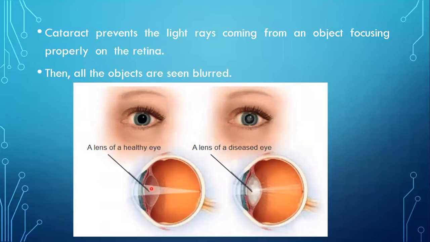The lens of a healthy eye is focusing properly. The lens of a diseased eye is preventing the light rays coming from an object from focusing properly on the retina. So you can't see objects clearly when you are suffering from cataract.